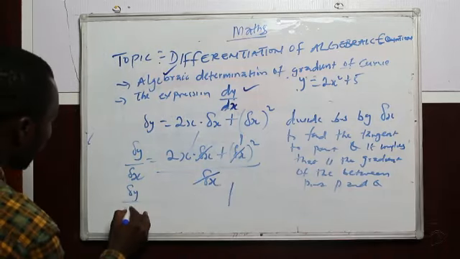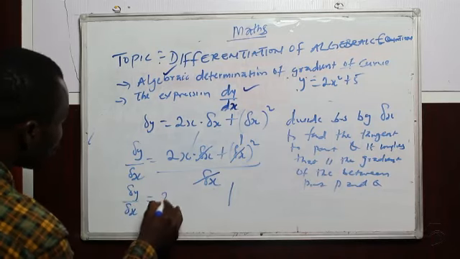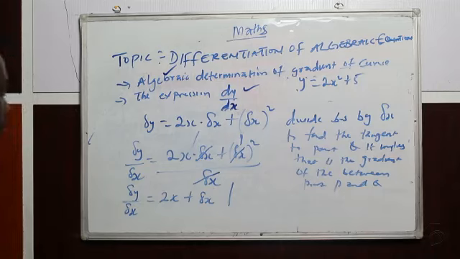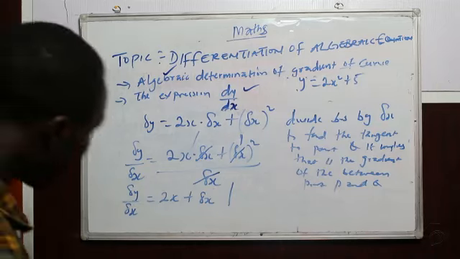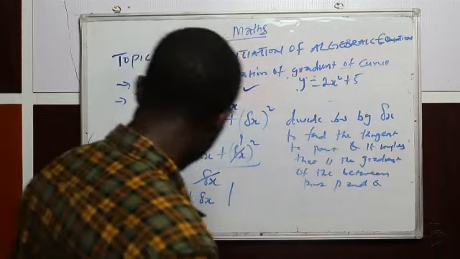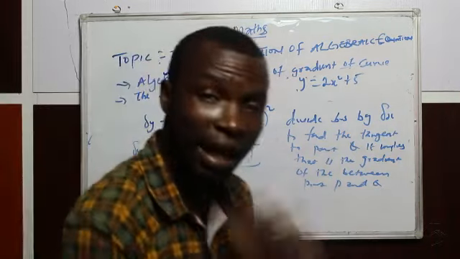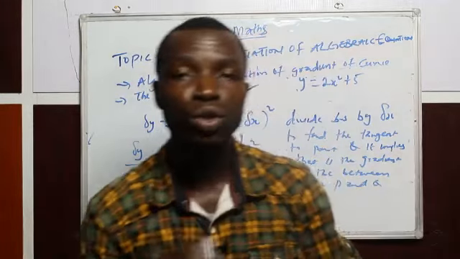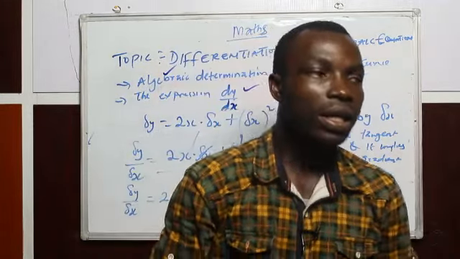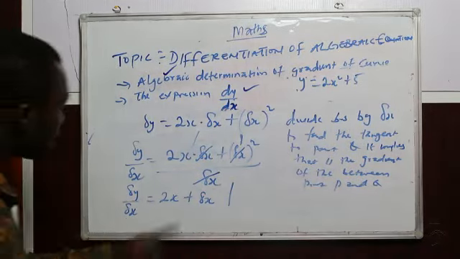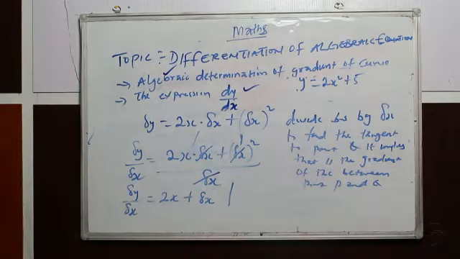Δy over Δx is equal to 2x plus Δx. Now, the ratio of Δy over Δx is the tangent to the point between P and Q.